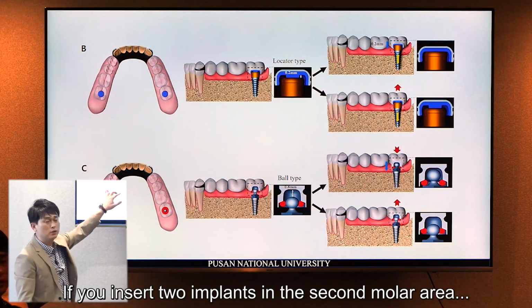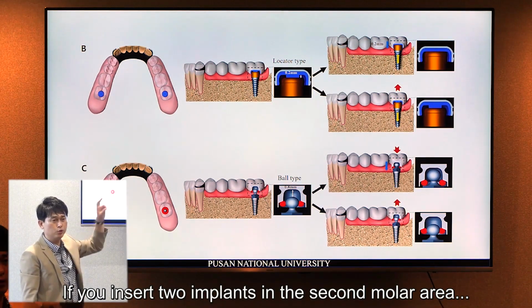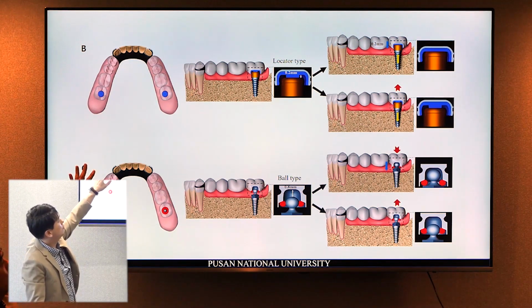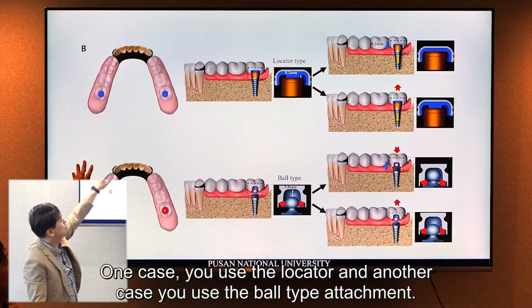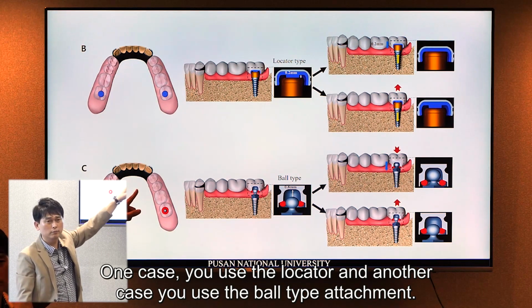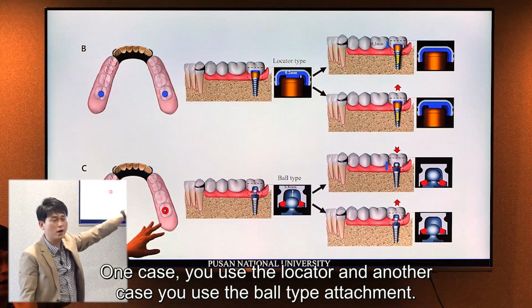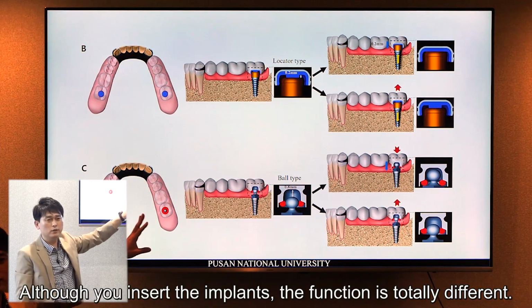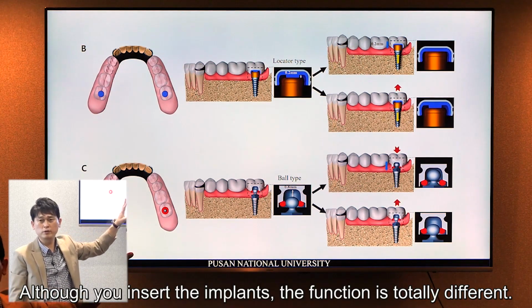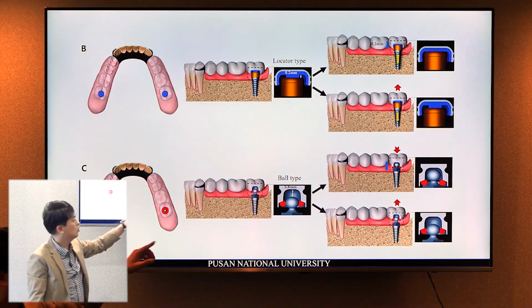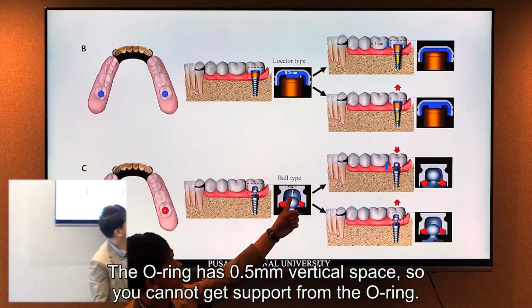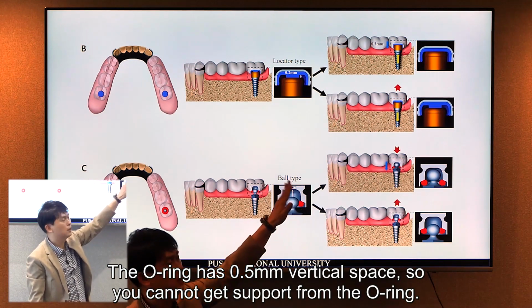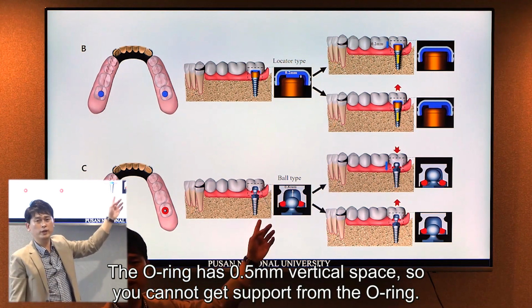If you insert two implants in the second molar area, in one case you use the locator, but in another case you use the bar type attachment. Although you insert implants, the function is totally different, right? Do you understand? The O-ring has 0.5 millimeter vertical space, but you cannot get support from the O-ring.